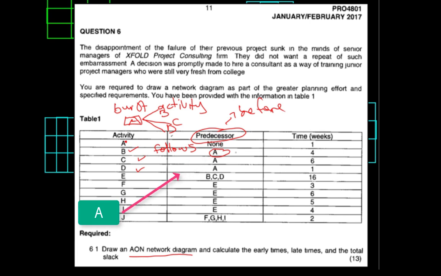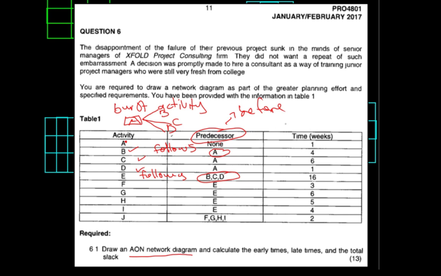All right. And then we've got another concept that we need to understand. We will look at it in this situation right here. So we've got activity E. What does activity E follow? E follows B, C, and D. What does that mean?